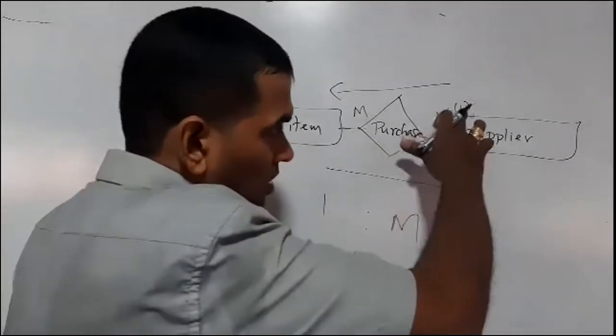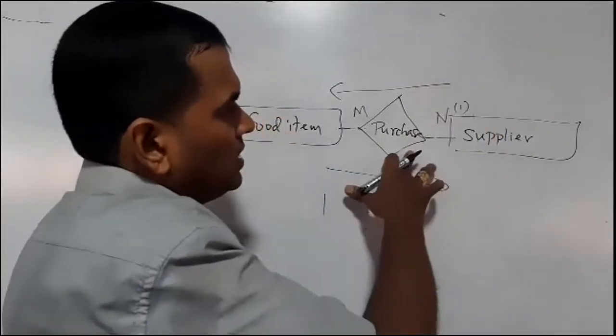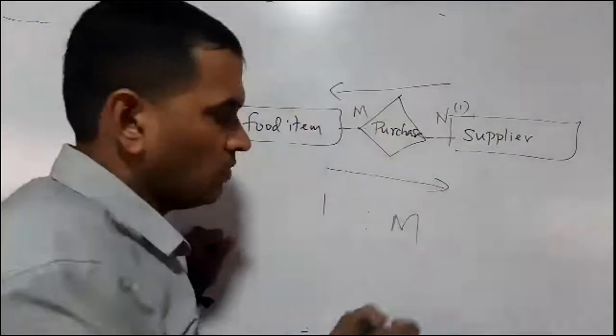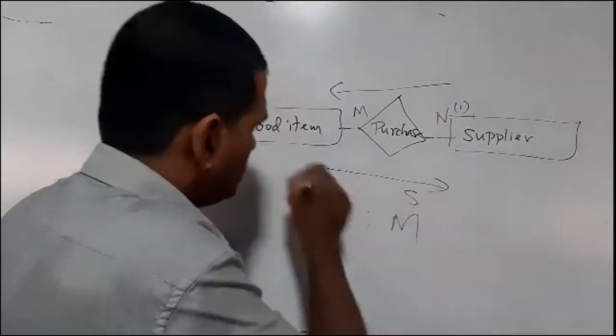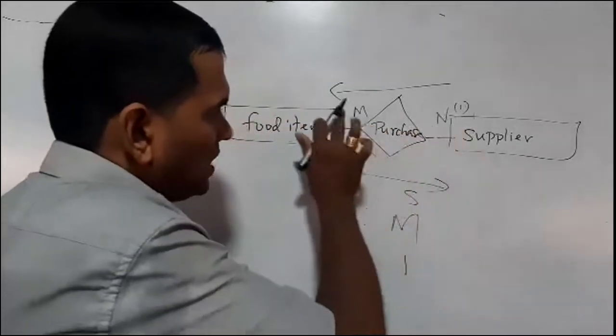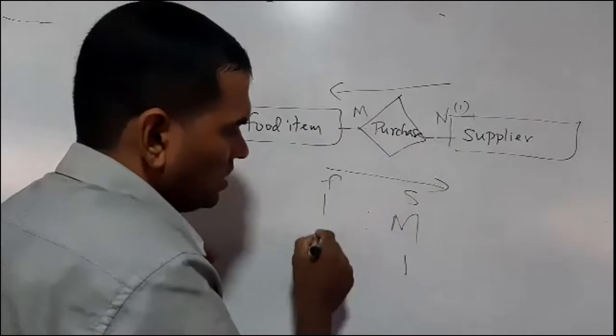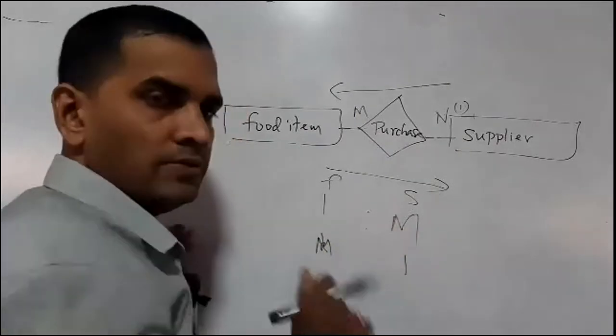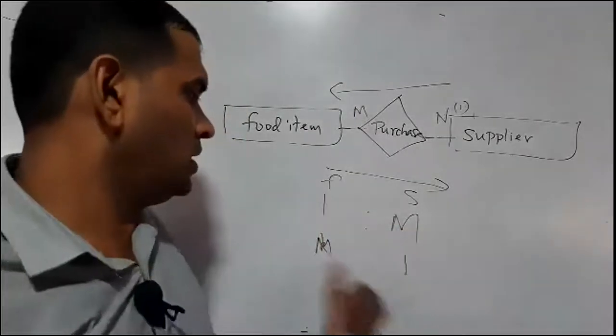So one supplier supplies many food items. Look here, in both directions you have one to many.